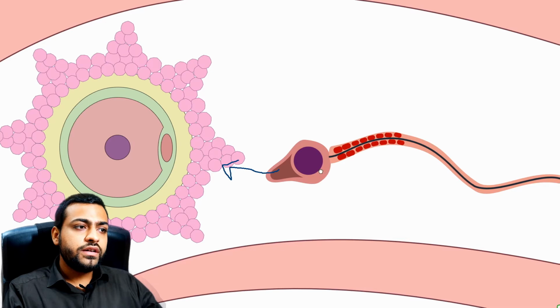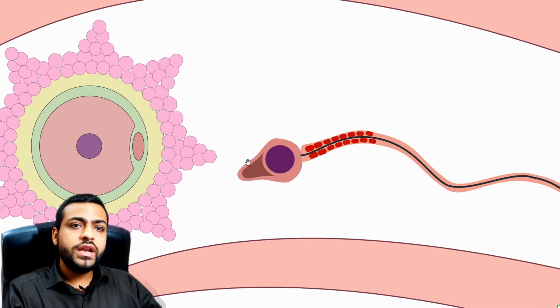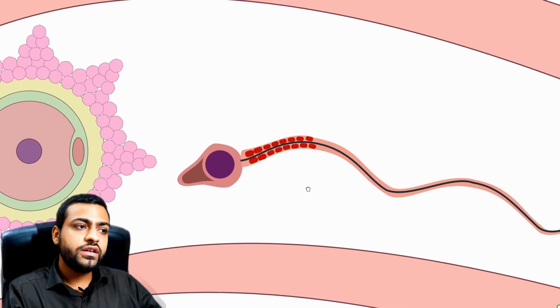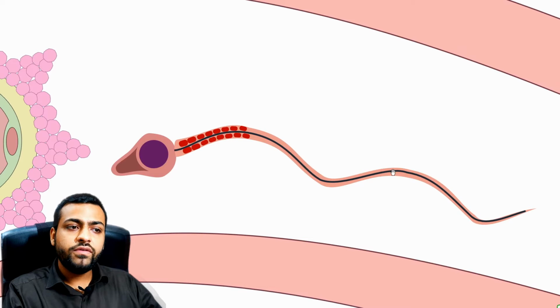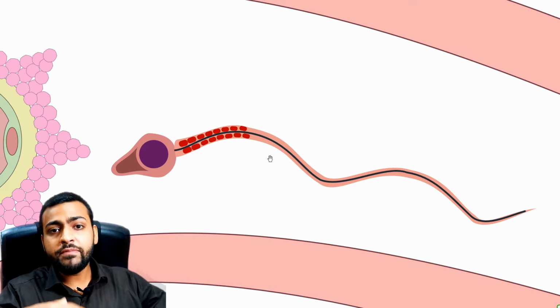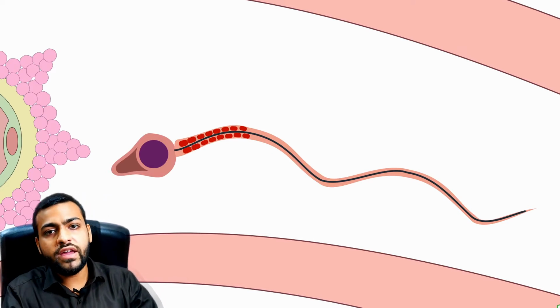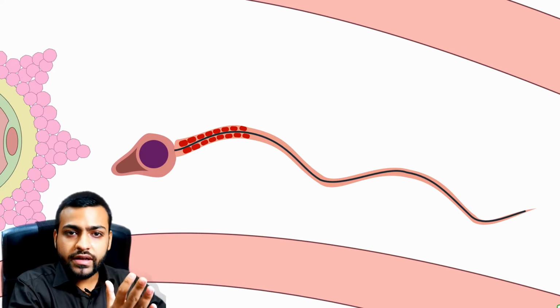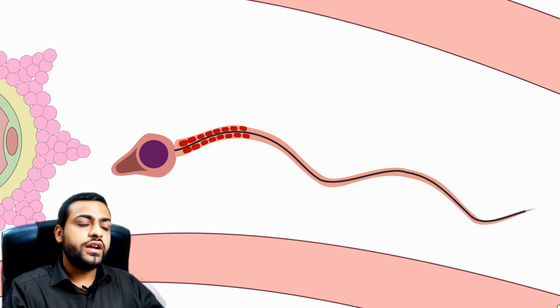And of course, acro means tip, soma means body, it is present at the tip of the sperm, so it is also called acrosome. Along with the acrosome, it has a flagellum or tail, and this tail is also called axoneme, and this tail helps the sperm to move all the way from the cervix up to the fallopian tube or uterine tube.